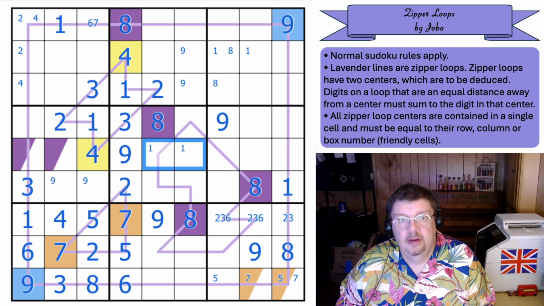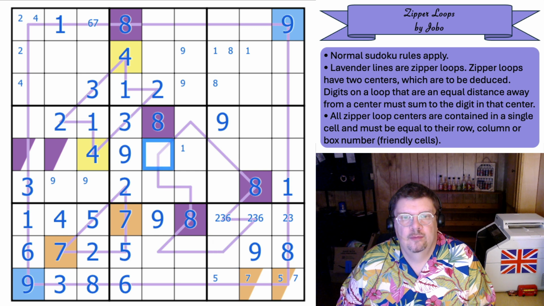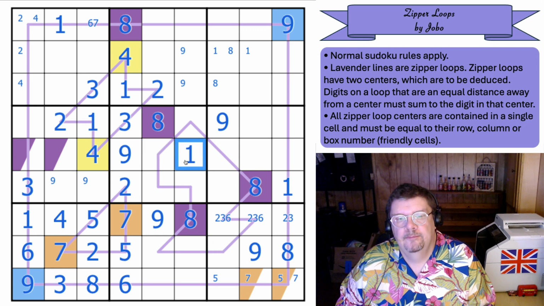We have a 1 in one of those two by sudoku. So that's 1, 2, 3, 1, 2, 3, but that can't be a 7, so that's not a 1. That's a 1.